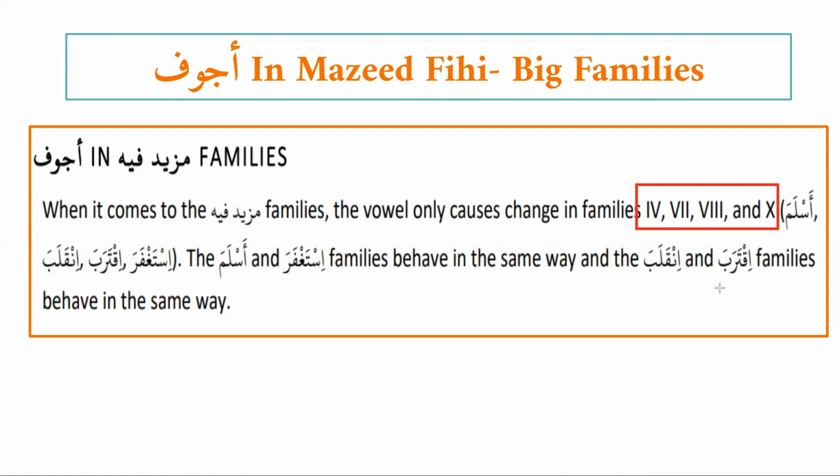So in today's session, we are doing surf changes in 2 groups. The first group is family 4 and family 10, in which the changes are similar. The second group is family 7 and family 8, bab infial and bab iftial, which are the classical names for these families. In Dream, we call them inqalaba and iqtaraba families. Now let's go to the next slide.